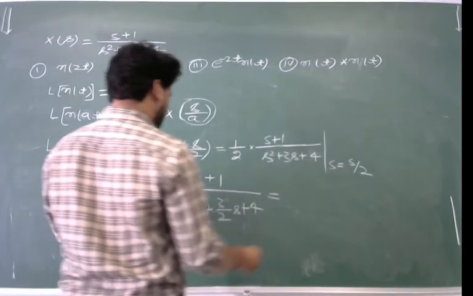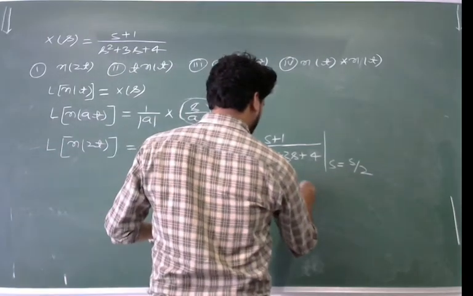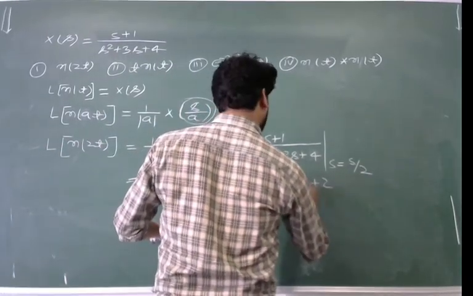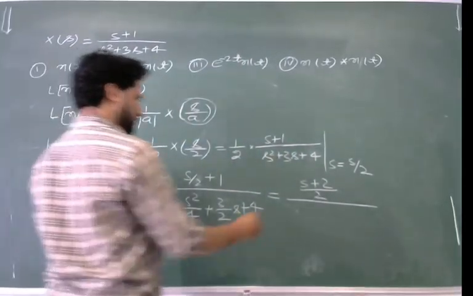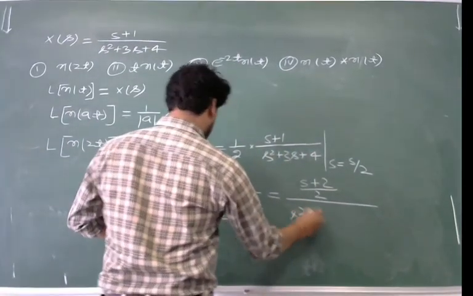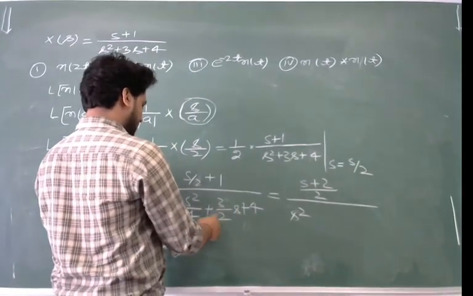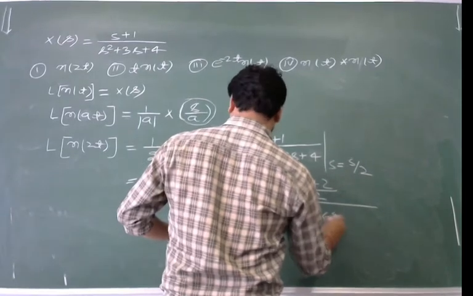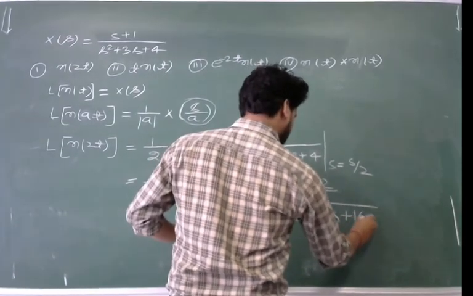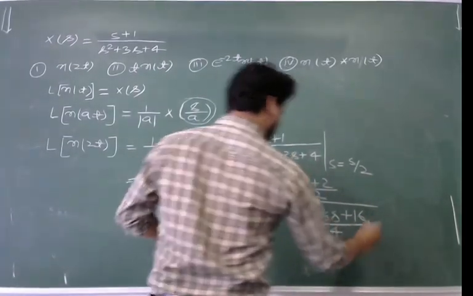Or this can be written as ((s + 2)/2) upon (s² + 6s + 16)/4.